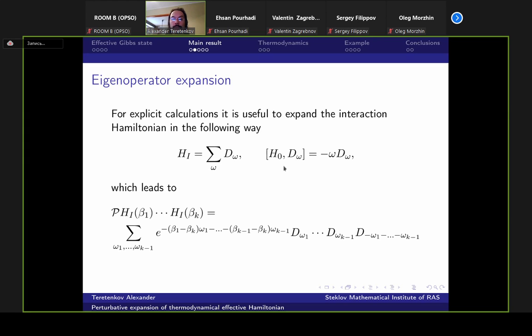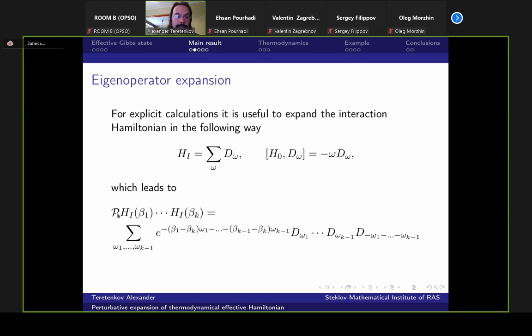So this H0 commutating with something, it is a super operator. It maps operators to operators, and this means nothing else than that these d omega are eigen operators of this super operator, and we just represent the interaction Hamiltonian as a sum of such eigen operators.